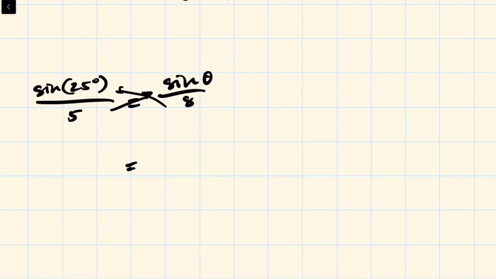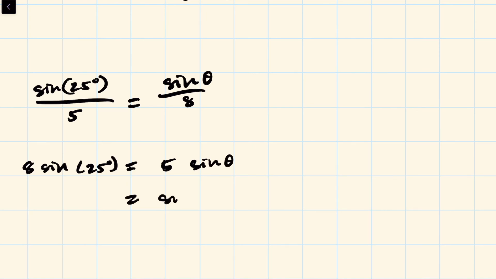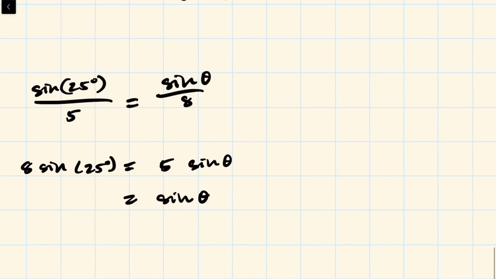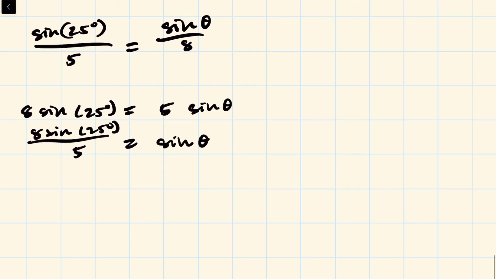So 8 times the sine of 25 degrees is equal to 5 times the sine of theta. So that means sine of theta is equal to 8 times the sine of 25 degrees over 5. So I'm going to write on the other side now. Theta is equal to the inverse sine of all of this.